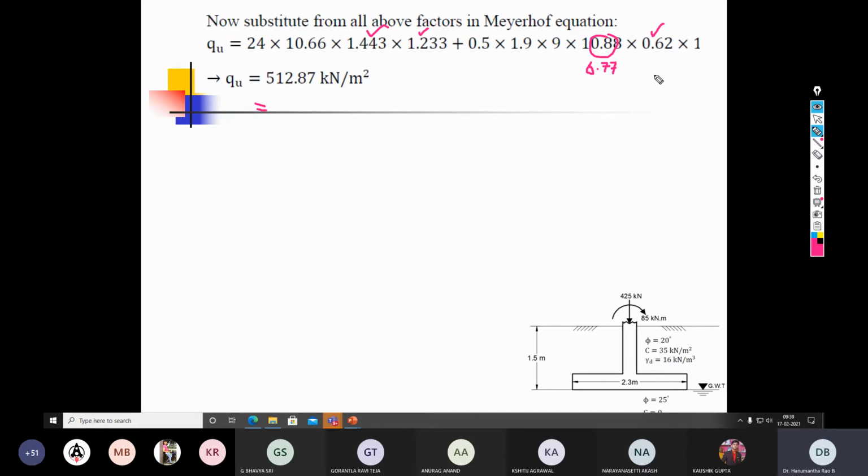So I repeat, you can directly use the shape and depth factor equations which were shown in the previous slide, or the shape and depth factor equations which we used in the previous tutorial. Both are valid.